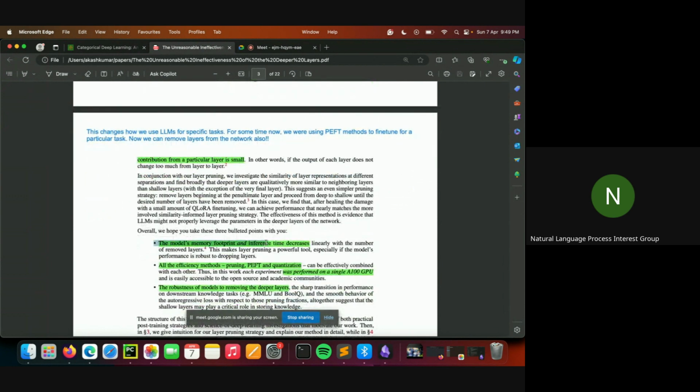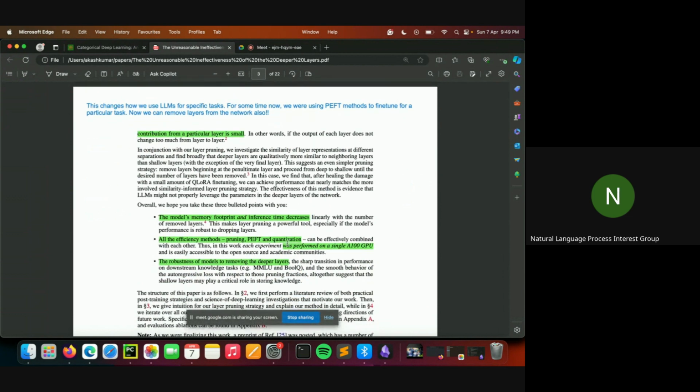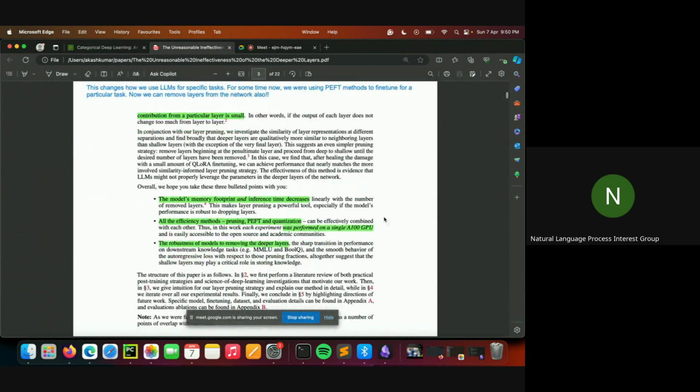So this method definitely decreases the memory footprint and the inference time, and they were able to do all these experiments on a single A100 GPU, which is basically what most researchers have access to. It highlights the robustness of the model to removing the deeper layers.